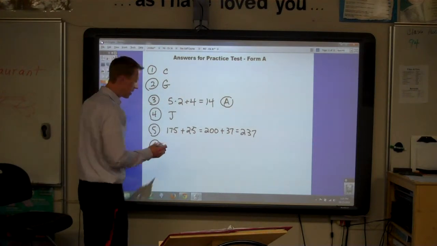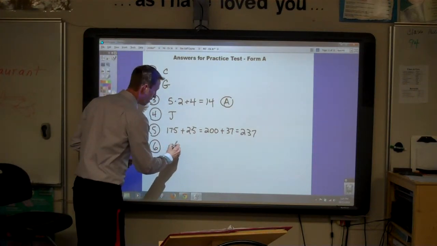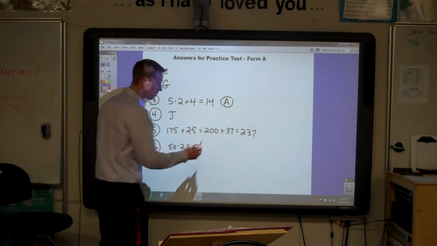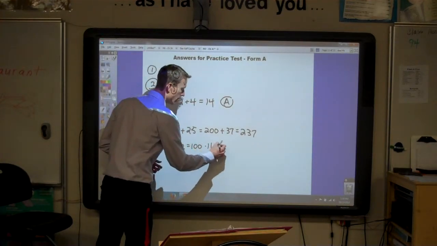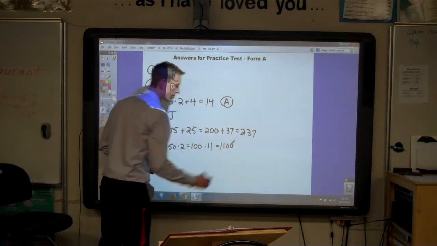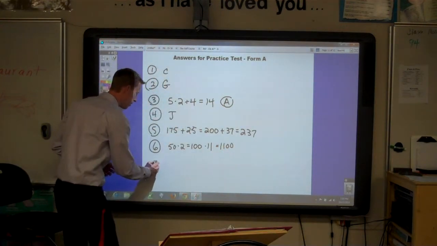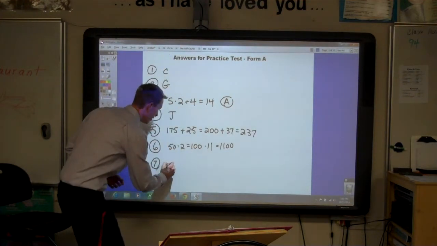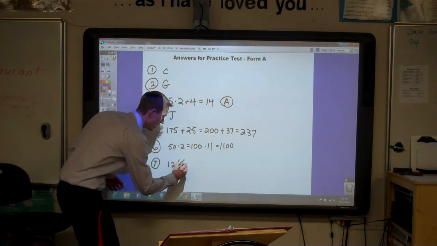Number 6, this one's also 2 points. If you show that you can do 50 times 2 first to make 100, and then multiply that times 11, and do that mentally. So that's 1100. And then number 7, we talked about doing estimation.